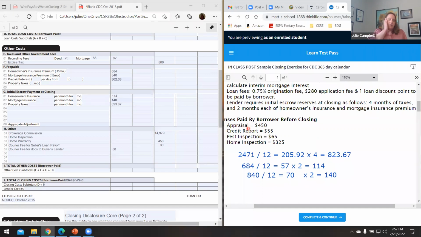So for insurance and PMI, in addition to paying the first year's premium, we're also putting money in escrow. For real property taxes, in addition to prorating this year's taxes, we're also putting some in escrow. This is in addition to the annual or the proration. What questions do I have on that?